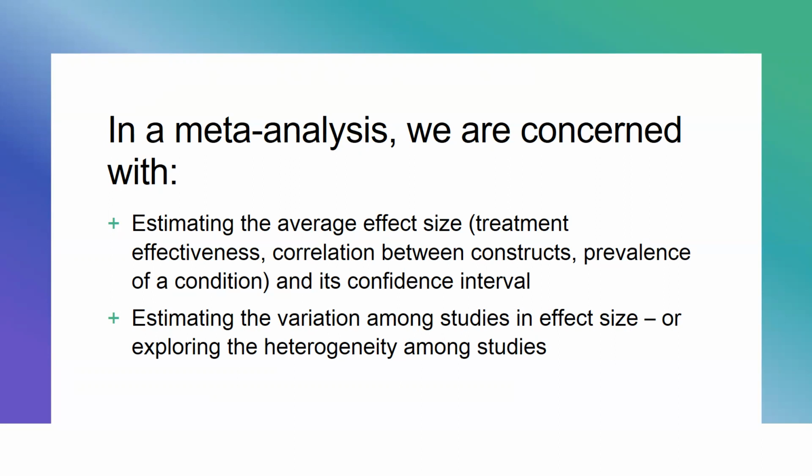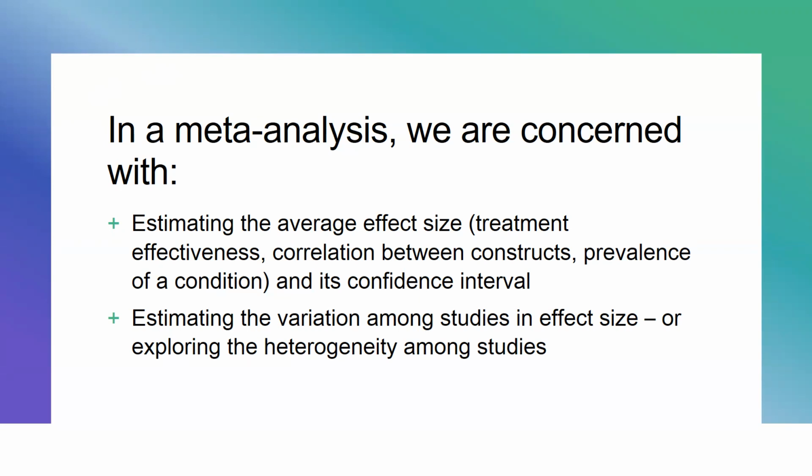So our first question might always be, what's that average effect across a set of studies? What is its confidence interval? How good of an estimate do we have of that average effect? But we might also be interested in, and sometimes this is the more interesting part of a meta-analysis, how varied that effect size is across studies. We use the word heterogeneity to talk about that variation.